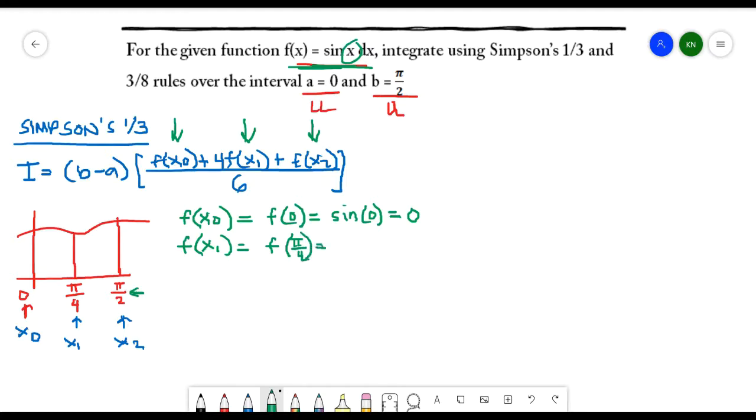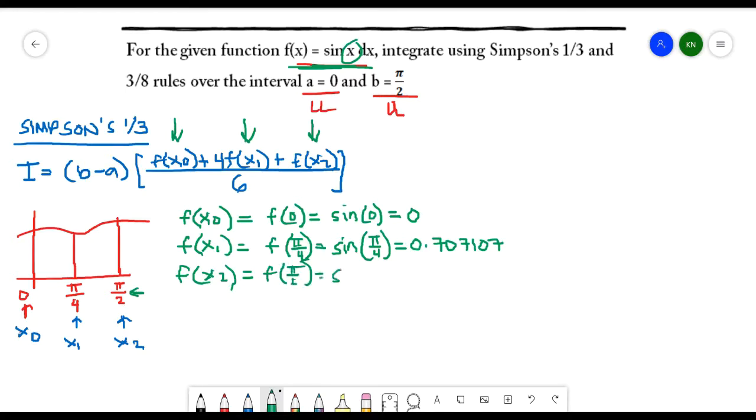So sine of pi over 4 is equivalent to 0.707107. And for the last one, we have f of x sub 2, which is equivalent to f of pi over 2.